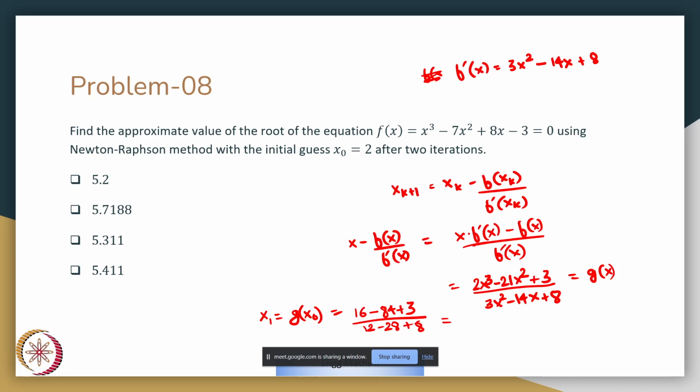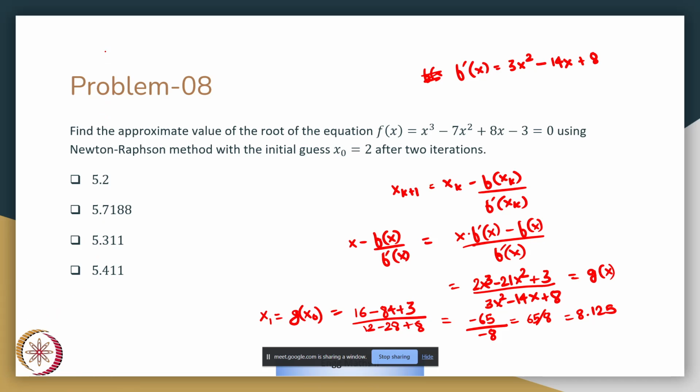So if you sum those up, 16 minus 84 plus 3 is nothing but minus 65 upon minus 8, which turns out to be 65 by 8, which is 8.125.